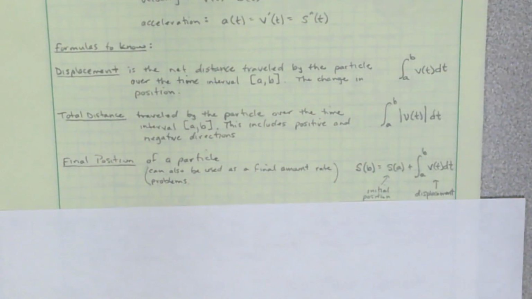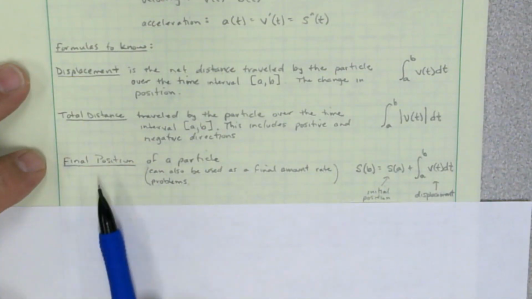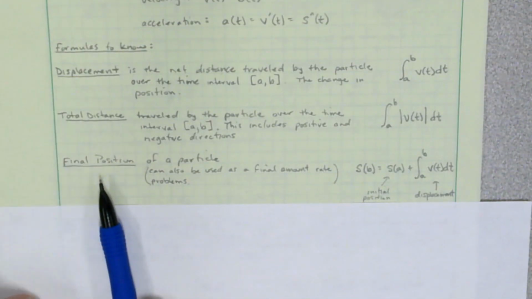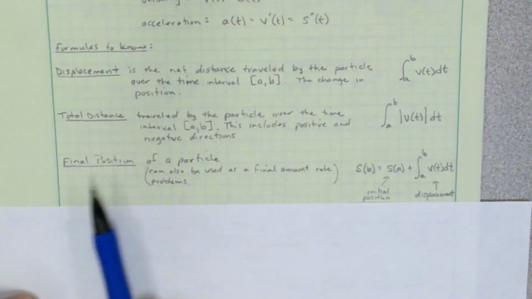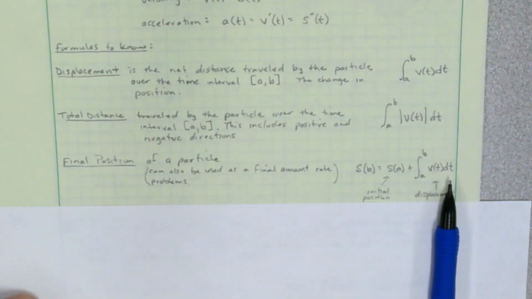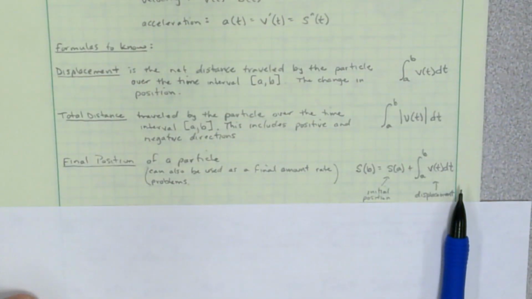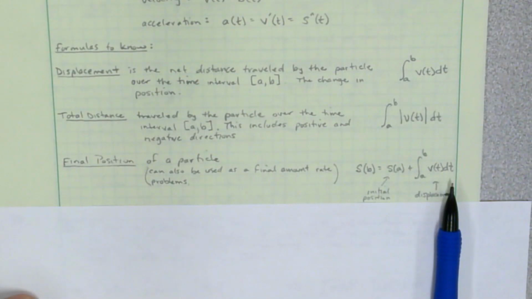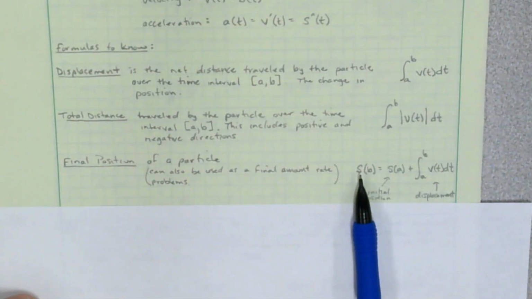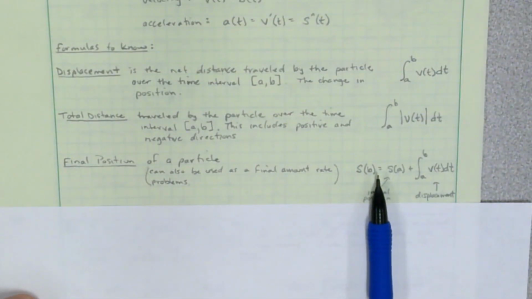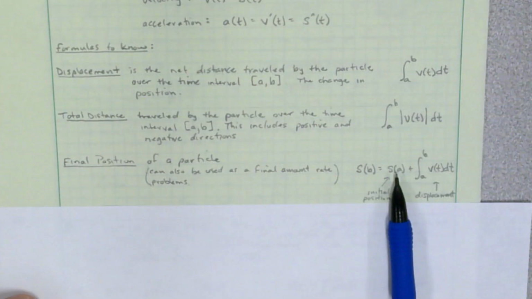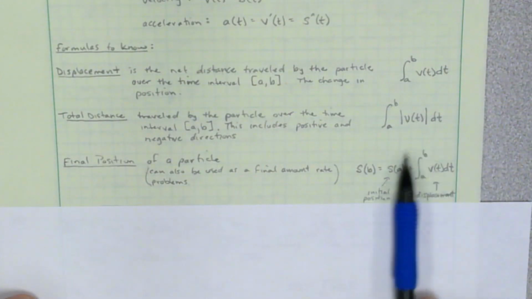The last thing they're going to ask you to do is find the position of a particle at a certain point, at a certain time. And to do that, you need to know this formula, which is very similar. You're going to see this in many different formats. This is similar to that fundamental theorem of calculus that we talked about. Here's S at some point. This is the initial position that you started from, and notice this is the displacement.